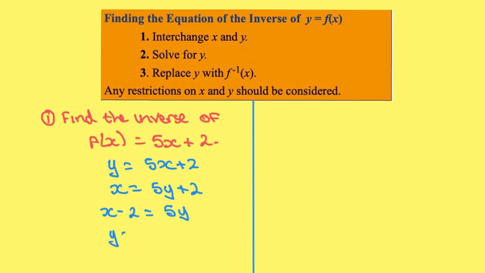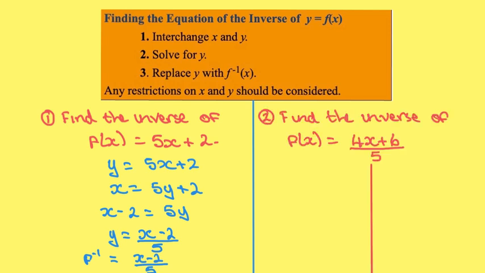Therefore, y equals x minus 2 over 5. So to write it as an inverse function, replace y with f to the minus 1. So f to the minus 1 of x equals x minus 2 over 5. So the inverse of f of x equals 5x plus 2 is equal to f to the minus 1 of x equals x minus 2 over 5.